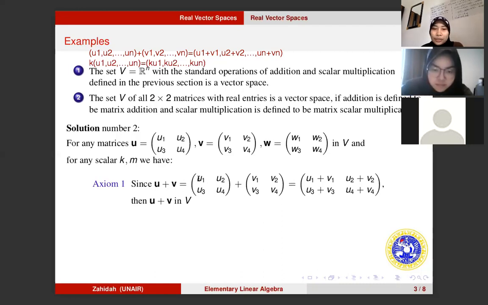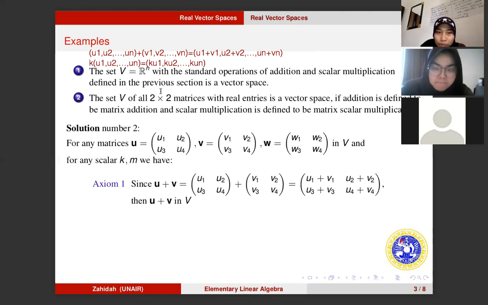Our U is U1, U2, U3, U4 plus V. And then we get this, right? This is also a 2 by 2 matrix. So it means this is also in V. So we already proved that axiom 1 holds for this case.